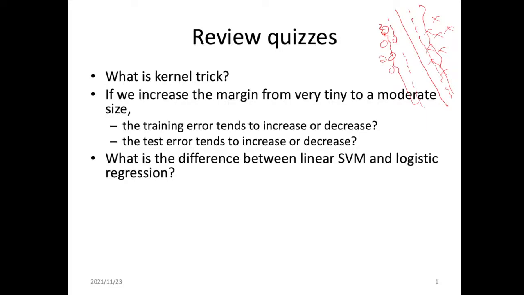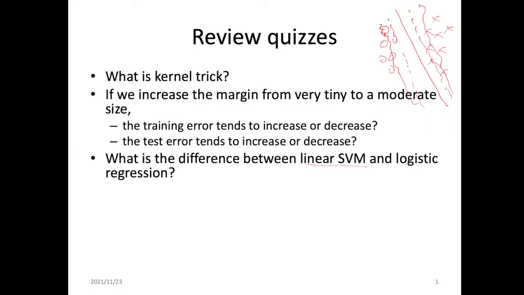Next question, what is the difference between a linear SVM and logistic regression? So first, there are differences only in the loss function. Okay, for linear SVM, that means we don't project the features into high dimensional space.